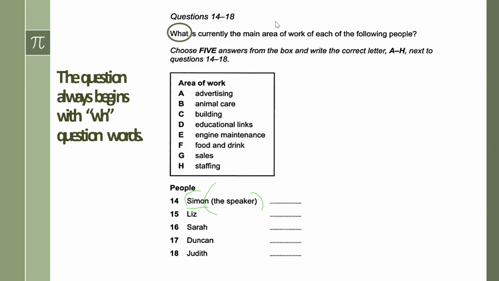It means the person won't name Claire, because anyone who speaks is the speaker, and his name is Saman. And Liz and Sarah, and then Duncan and Judith. Okay, then we have advertising. So what comes to your mind first of all? Advertising is related to what?